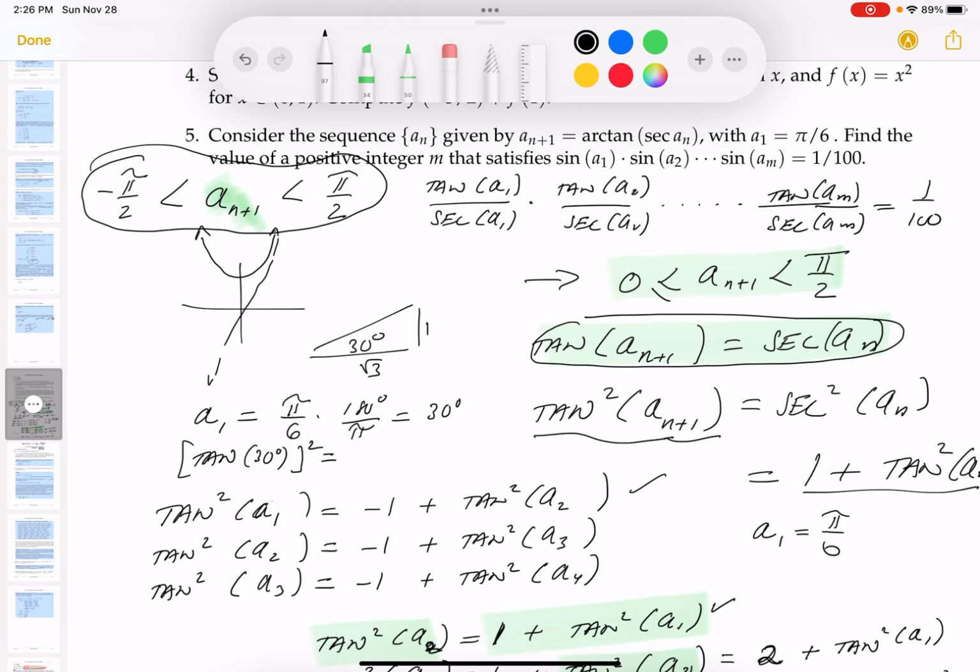All right, so the secant of A1 is actually just a tangent of A2. And the secant of A2 is just a tangent of A3.